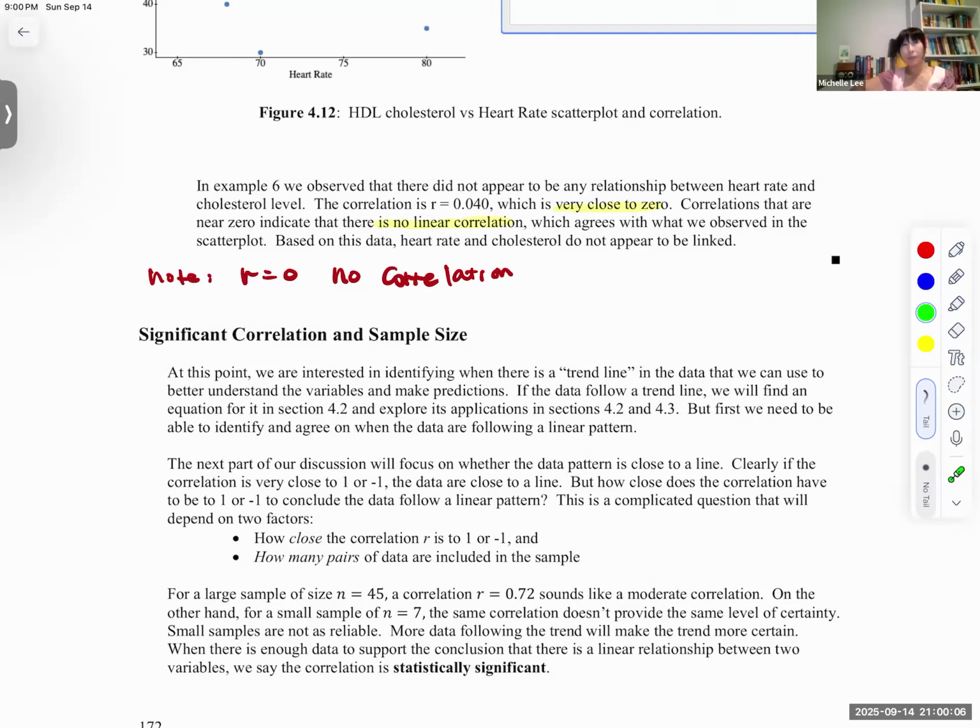Make sense? So we have R equal to 0.72. Is there enough sample evidence to conclude it is a moderate, positive correlation? So how do we check that? Let me bring that guideline.